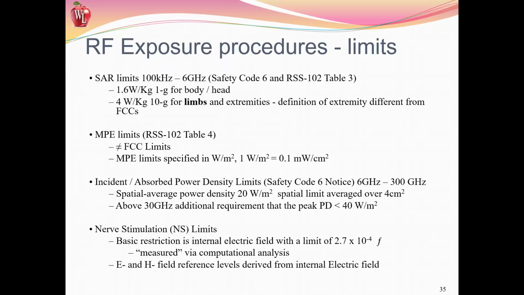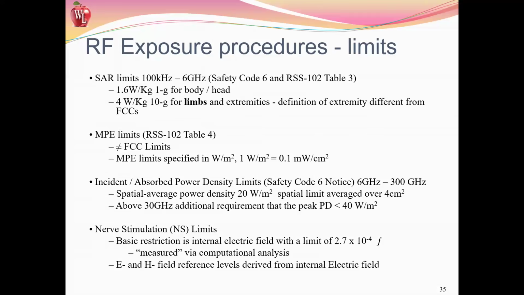SAR limits, they are different, or either they're slightly more stringent than the US, or they have different definitions for their limbs and extremities, for example. The MPE limits are not equal to the FCC.